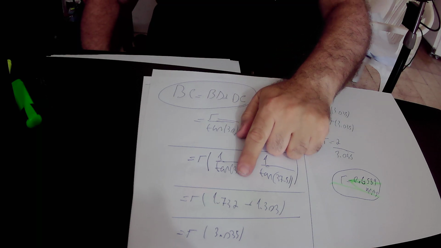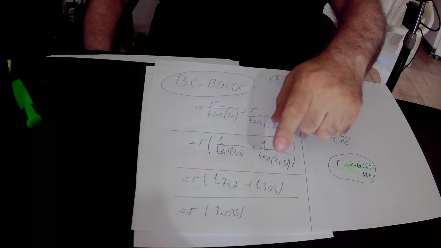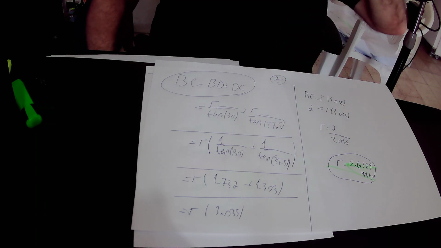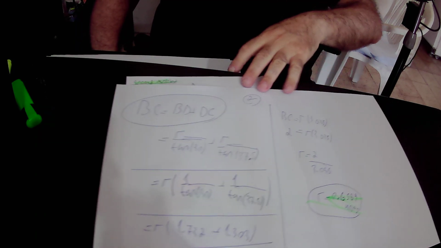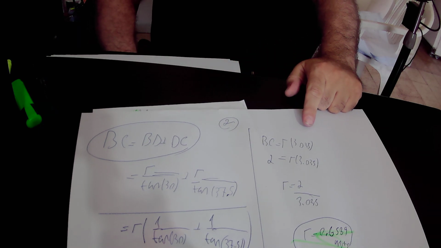And 1.732 plus 1.303 equals 3.035. So in conclusion, we found out that BC equals R times 3.035.